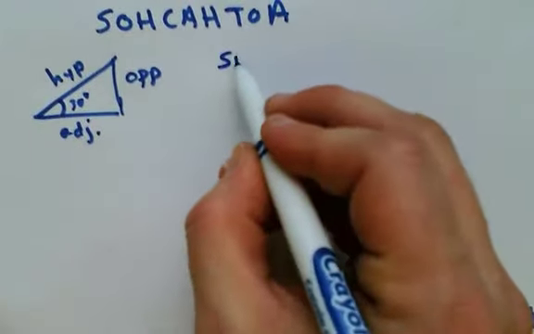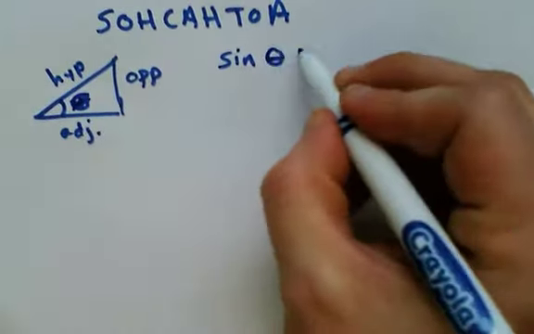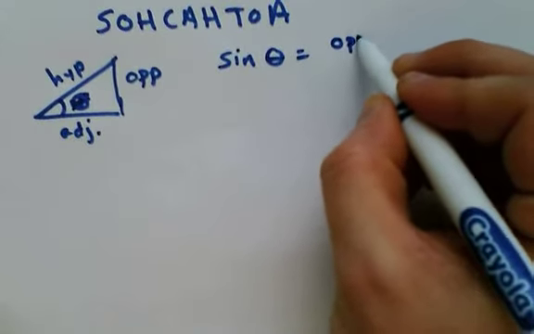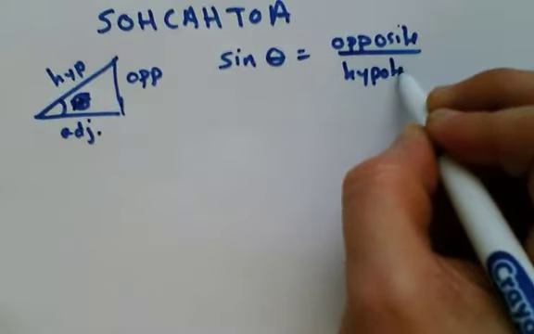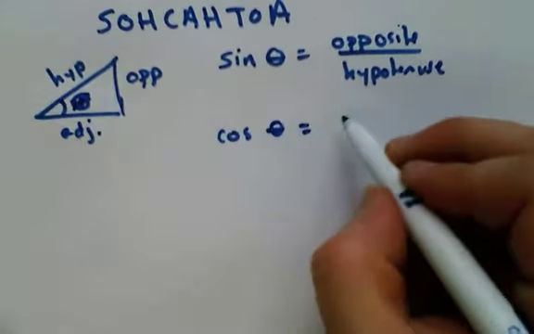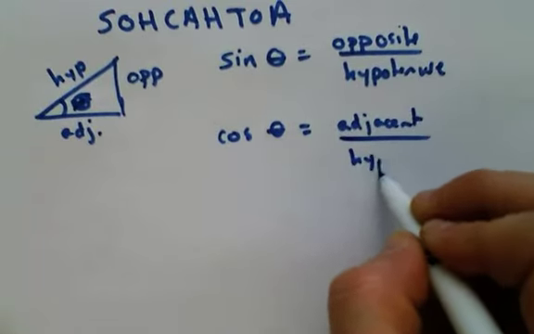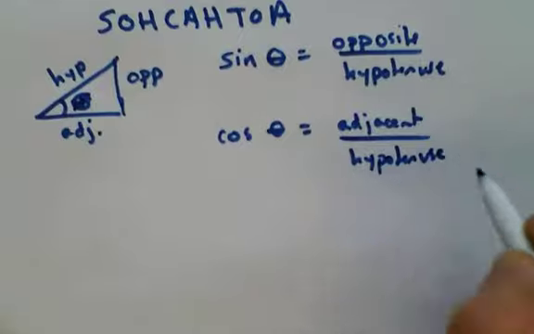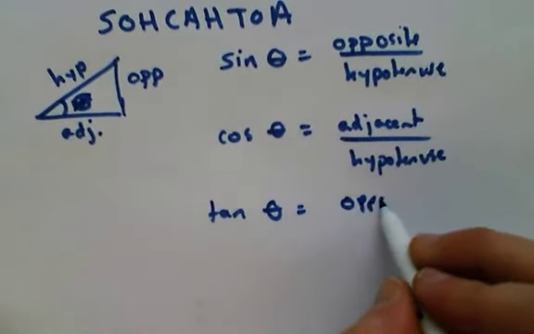SOHCAHTOA tells us that sine of the interior angle, let's call it theta, sine of theta equals opposite over hypotenuse. Cosine of theta, the angle inside, is adjacent over hypotenuse. And tangent of theta is opposite over adjacent.